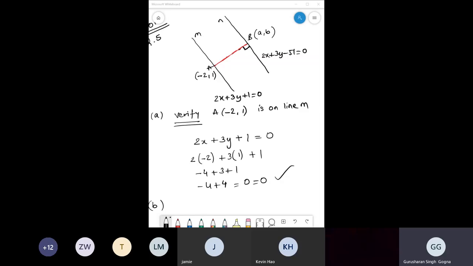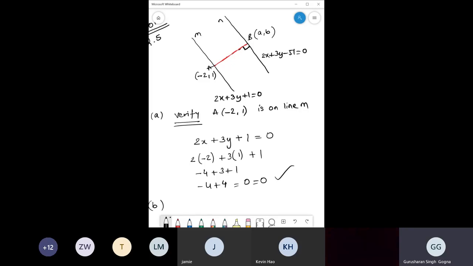Very good. So Kevin is saying simultaneous equations. Good. Slope. Okay.